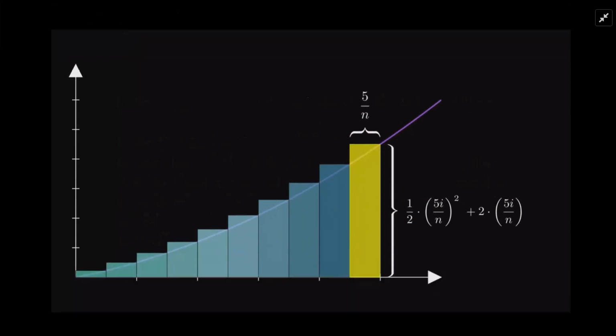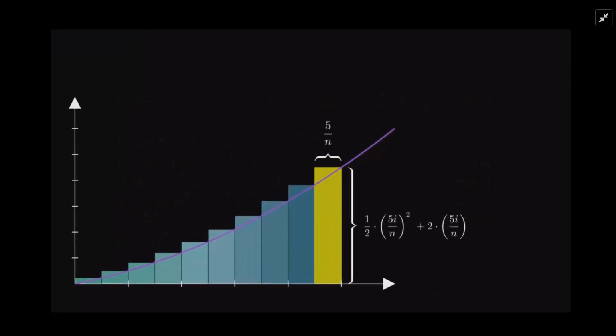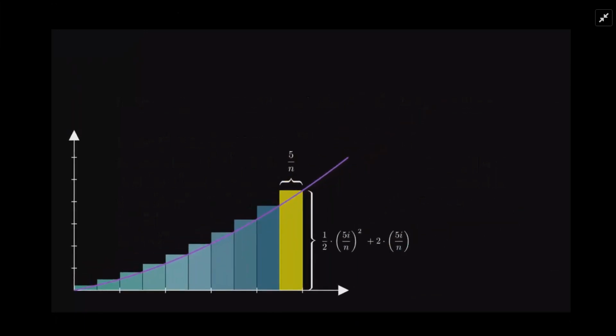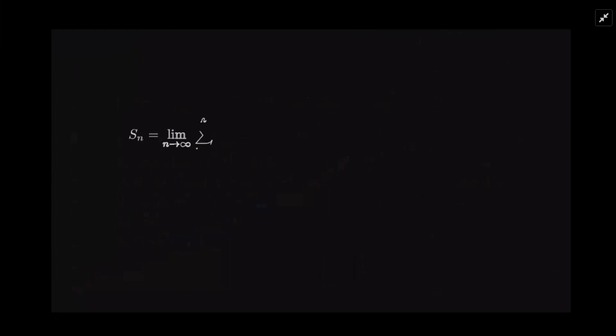So basically what we want to do is add up the area. The area is the height times the width. And so our sum, as n approaches infinity, looks like this.